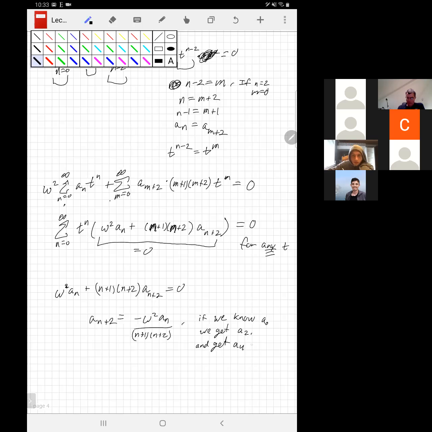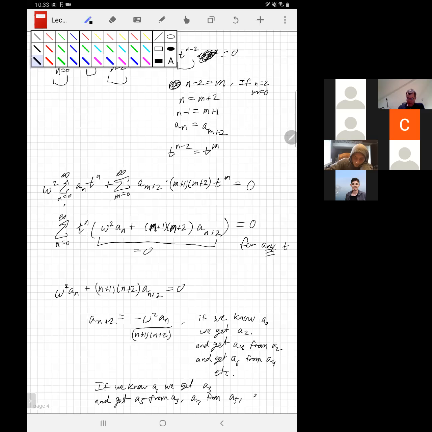Then we get a4 from a2, and we get a6 from a4, etc. Likewise, if we know a1, we get a3, and we get a5 from a3, a7 from a5, etc. So if we have two numbers, a0 and a1, we get all of the coefficients.